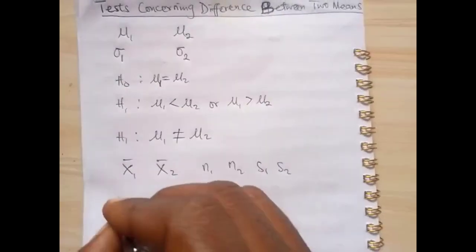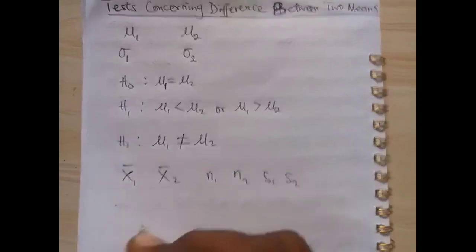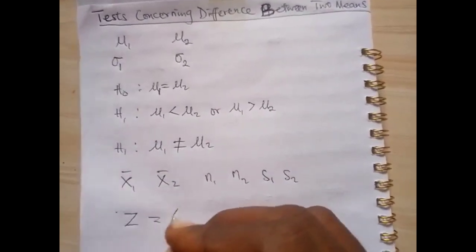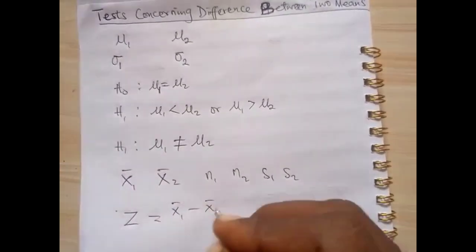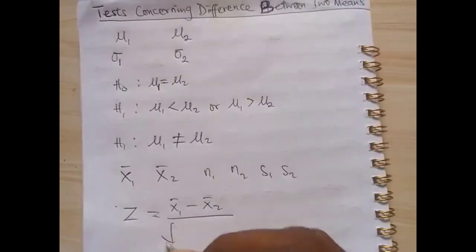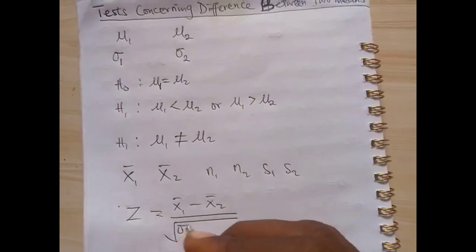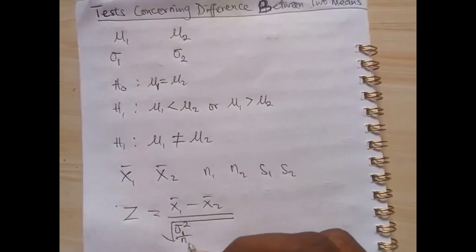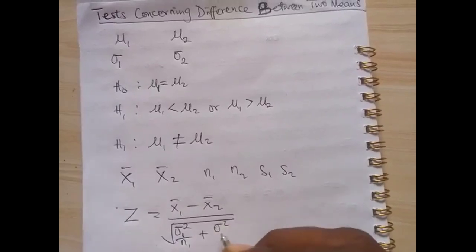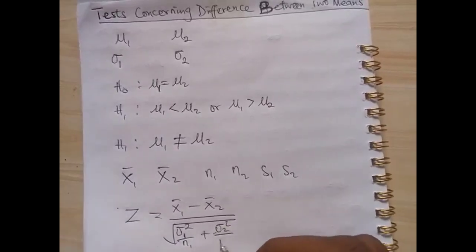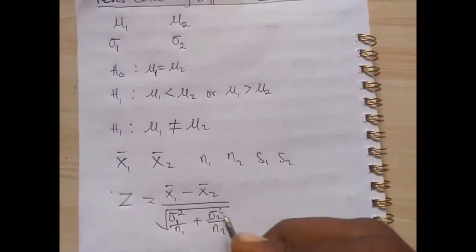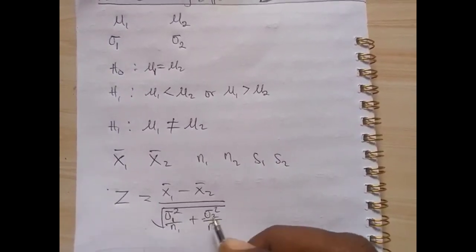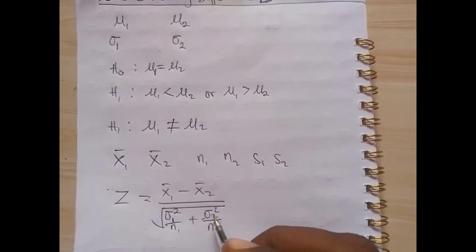Now, for the z-test, z is equal to x bar 1 minus x bar 2 over the square root of sigma squared 1 over n1 plus sigma squared 2 over n2. This is when we know the population variances of the first and second populations.